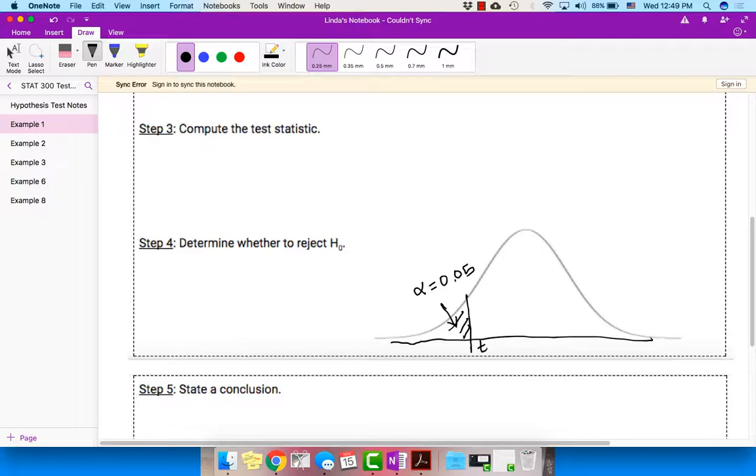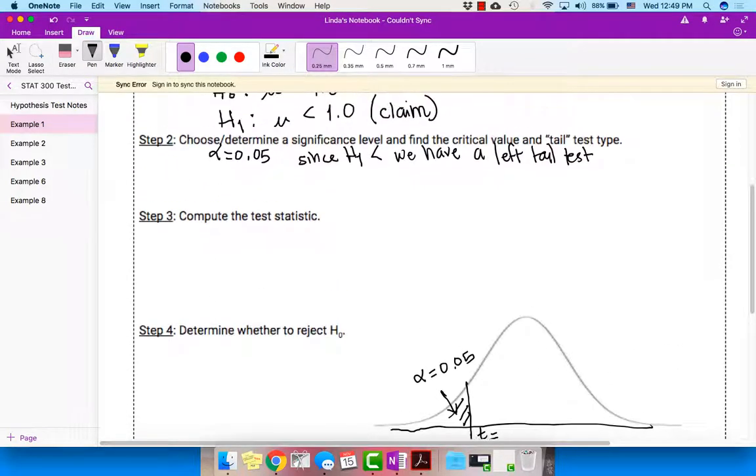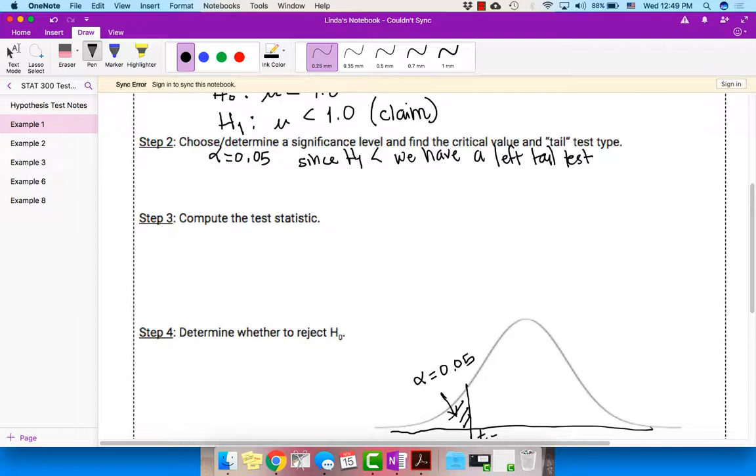Okay, so using that information in step number 4 right here, we would need to find the critical value here, that represents the left side here at 0.05. Well, we're going to do that in step number 3. So let's go back to step number 2 to find the critical value.